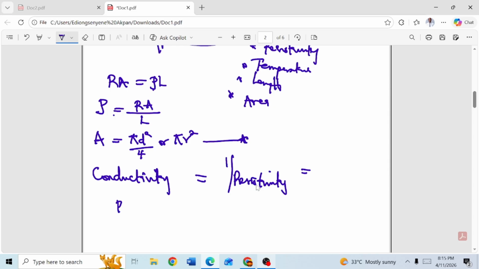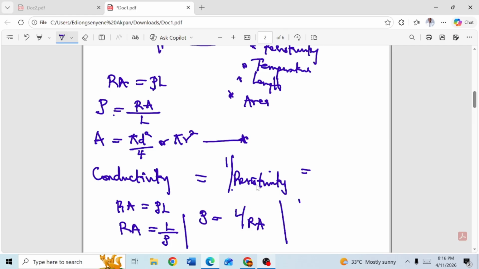So instead of writing Ra over resistivity L, since I said it's the inverse, I will now have something like this equal to L over Ra. In some textbooks, 1 over resistivity is taken as sigma. So you can have something like this, and that can change the whole dynamics.